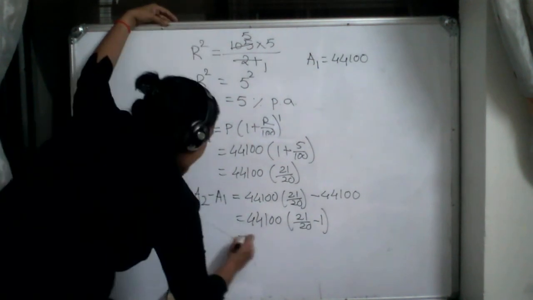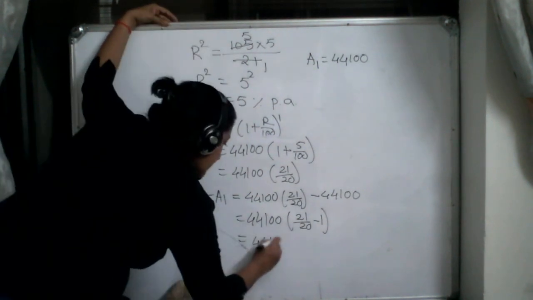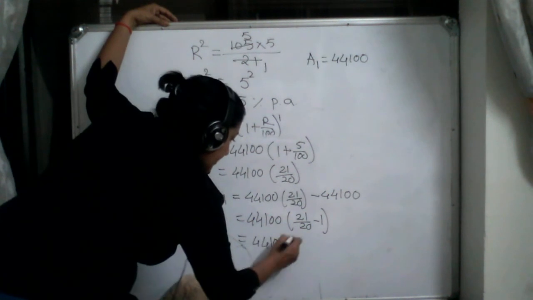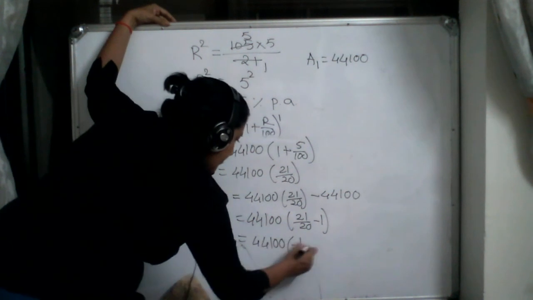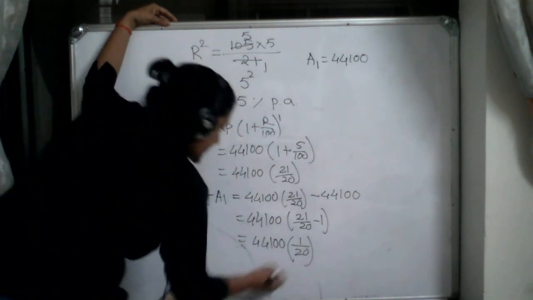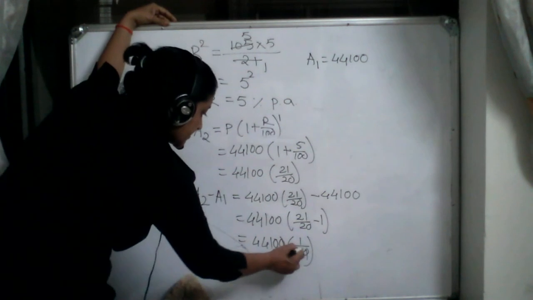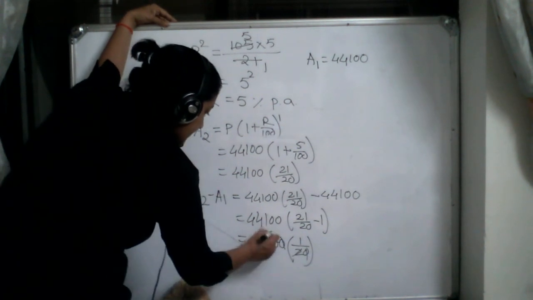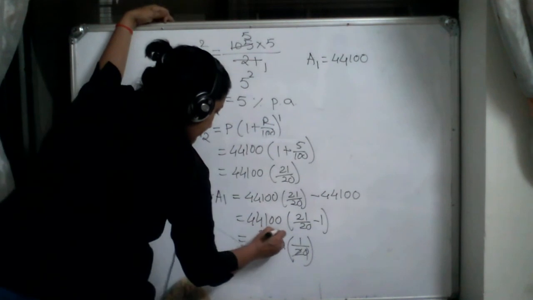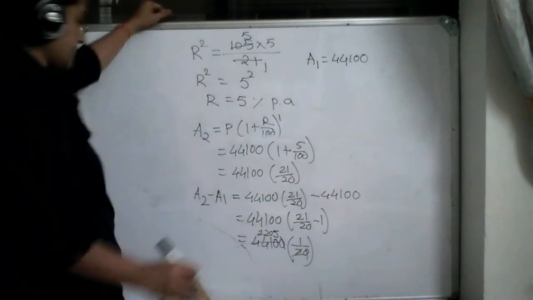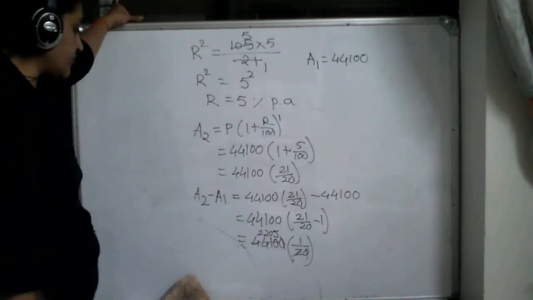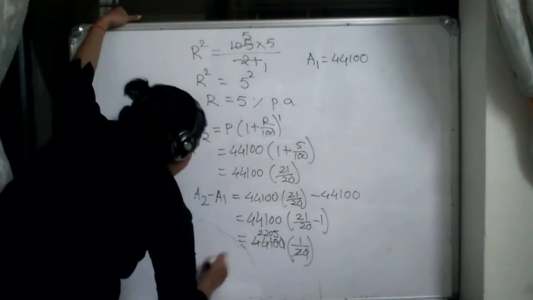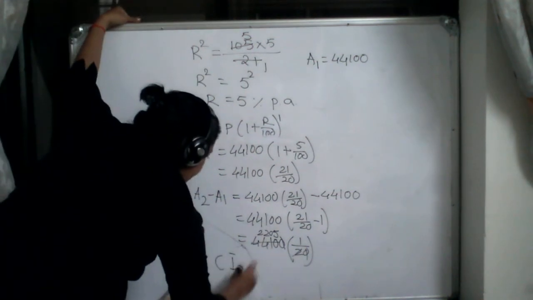So you will have 44100 into 1 upon 20. So what will it be? 0 0 cancel, 2 1s are 2, 2 2s are 4, 2 2s are 4, 1 is there, you won't find it, so 2 5s are 10. Okay, so 2205.